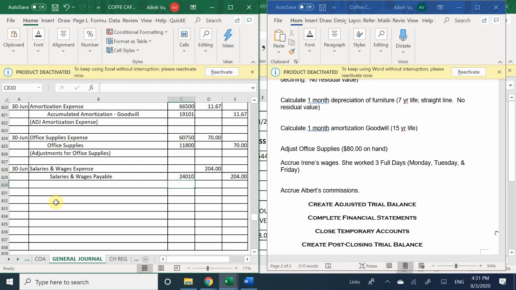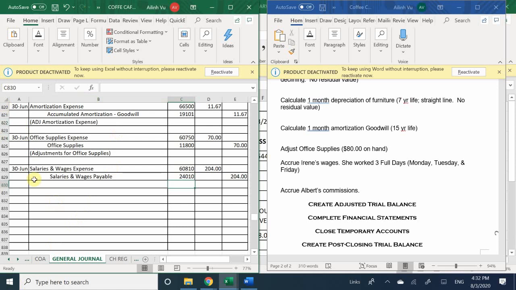And then salaries and wages expense is 60810.